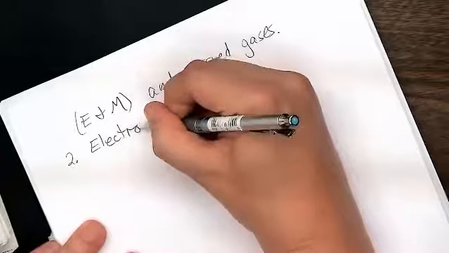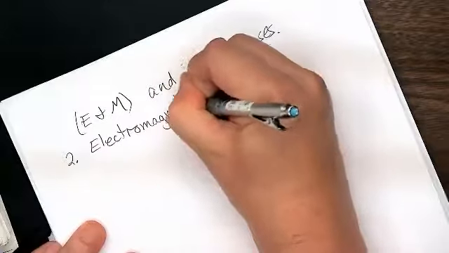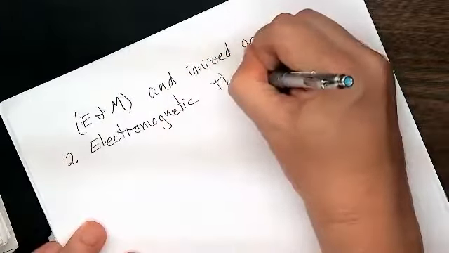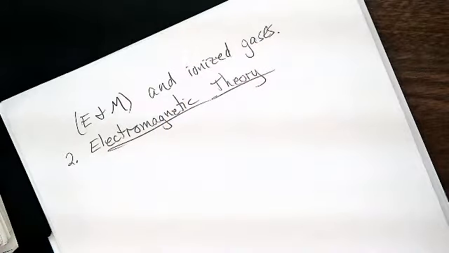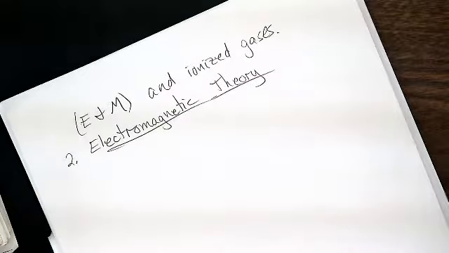Electromagnetic theory. Okay. Almost everybody in this class has an engineering background as an undergraduate. And so you're used to seeing things like Ampere's law and Faraday's law in nice discrete forms that allow you to calculate forces and fields on circuits.